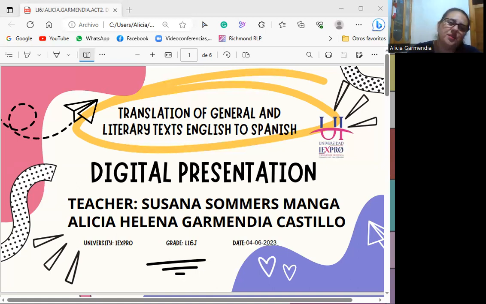And the interpreter has two ways of doing his work. An interpreter could be simultaneous or consecutive. In the simultaneous part, they use tools such as a microphone and a headphone to listen at the moment to what the speaker is saying and translate at the same time.